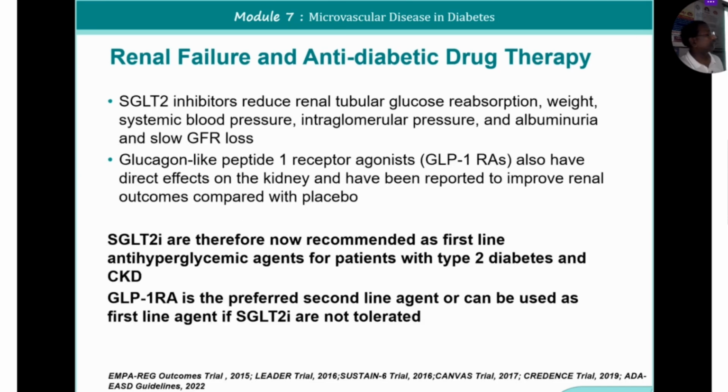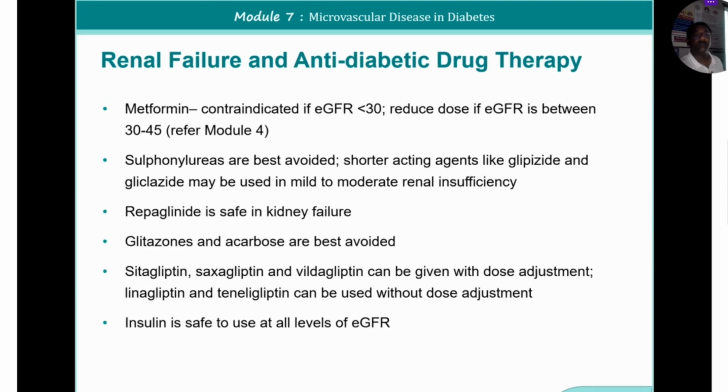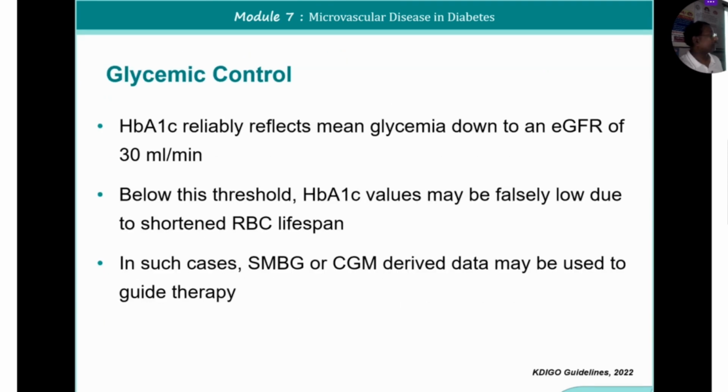Excuse me, sir. Sir, we didn't understand the previous slide regarding the HbA1c. It doesn't reflect glycemia if the GFR is less than. See, there is some variation in the HbA1c. HbA1c is directly related with your RBC lifespan. RBC lifespan is 90 to 120 days.